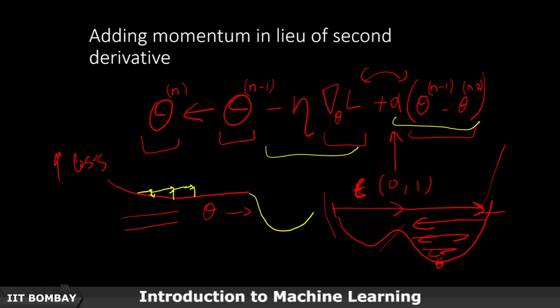This entire momentum equation can be plugged into batch gradient descent, stochastic gradient descent, or the vanilla gradient descent. A good value of alpha is around 0.8 or 0.9. Those values work very well, but that again becomes another hyperparameter that you play around with in practical terms when you are training a neural network.